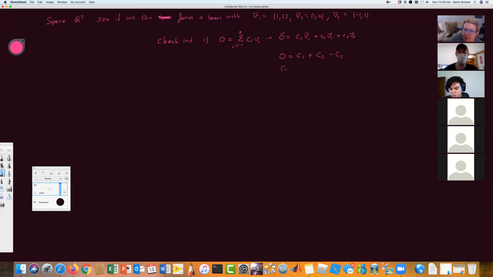Then the second component of the 0 vector is going to be c1 times 2, and then 0 because c2 has a 0 there, and then plus c3. Got it? So this tells me that c3 is equal to 2c1, right?